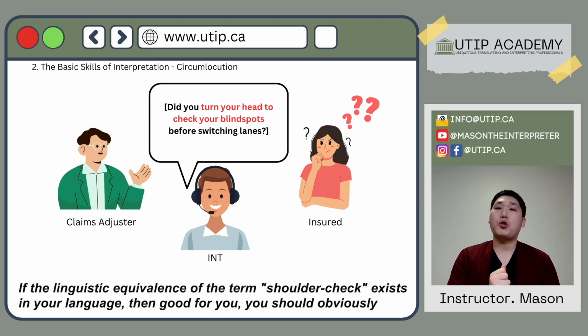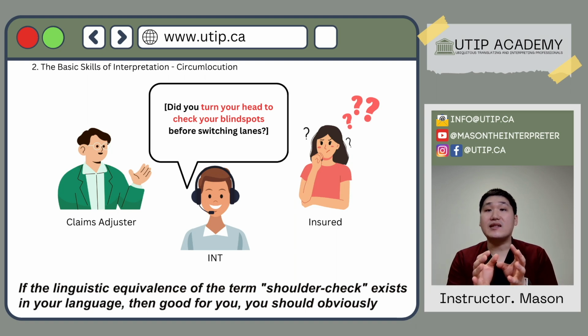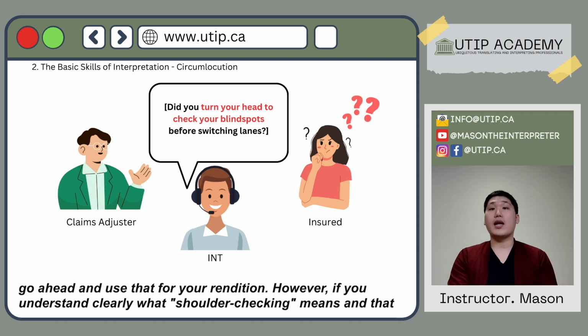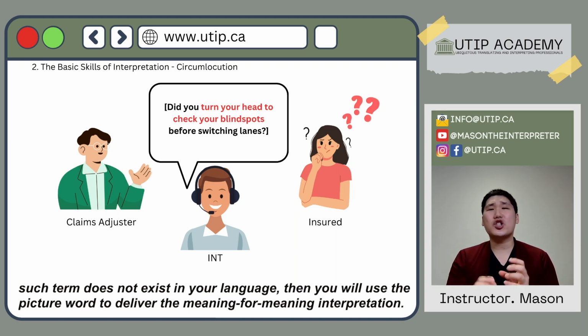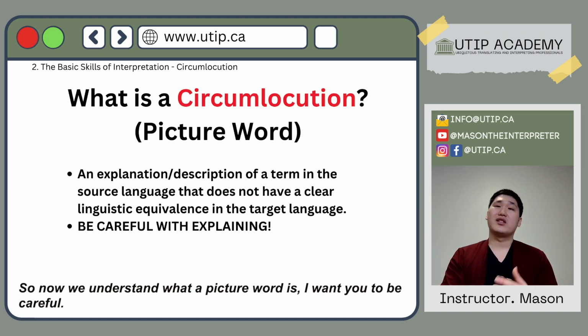If the linguistic equivalence of the term shoulder check exists in your language, then good for you. You should obviously go ahead and use that for your rendition. However, if you understand clearly what shoulder checking means, and that such term does not exist in your language, then you will use the picture word to deliver the meaning for meaning interpretation. So now we understand what a picture word is.